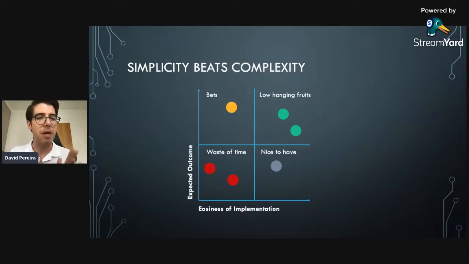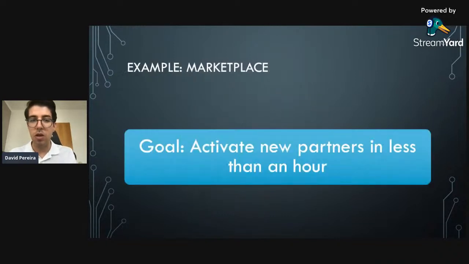You can use different metrics. You can use user value, business value. Take whatever fits you better. I just gave you my preferred one, which is expected outcome and ease of implementation. And I will give you one example here. In one of the places I worked, we had a challenge. We wanted to activate around 600 partners in a year, and our capacity was actually 8 per month.